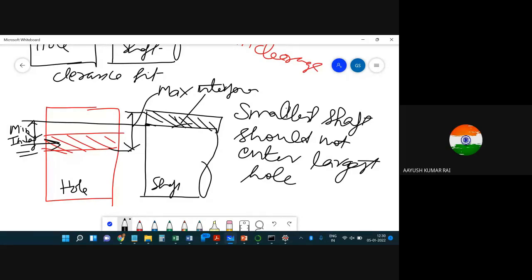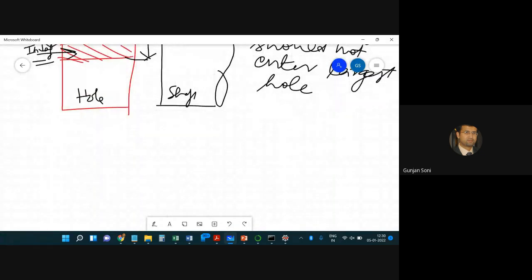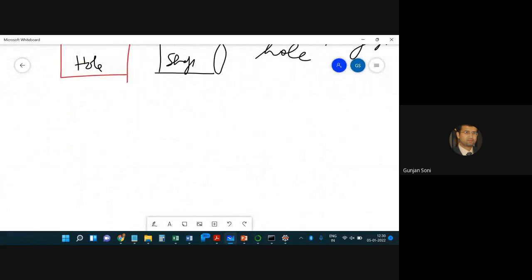Yes, sir. Okay, now the challenge is, how do I make the transition fit? Can anyone try to make it? How would you sketch a transition fit, just like the clearance and the interference fit? Try to make it.